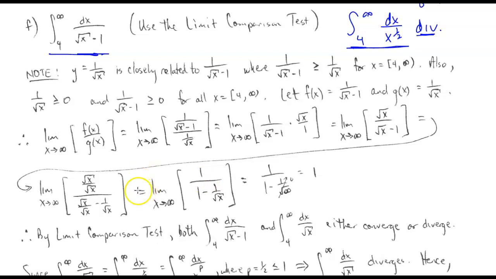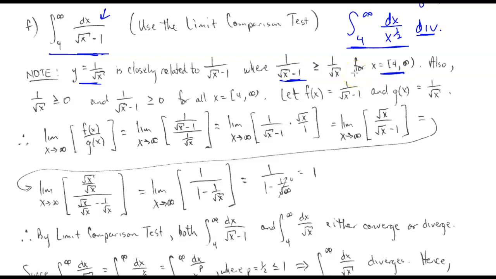Okay. So we see here that for this particular integrand here, which is 1 over x squared minus 1, 1 over square root of x is a closely related function to it. And of course, 1 over x squared minus 1 is a function that is larger than 1 over square root of x for all values of x from 4 to infinity.